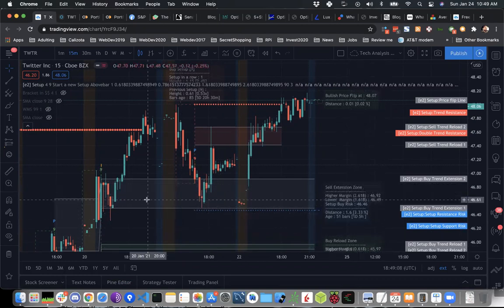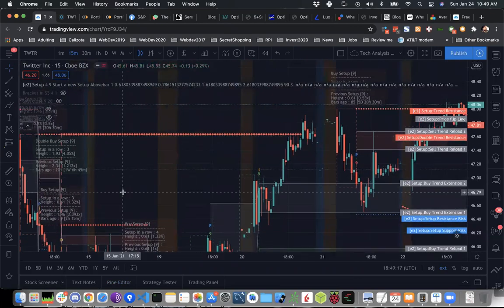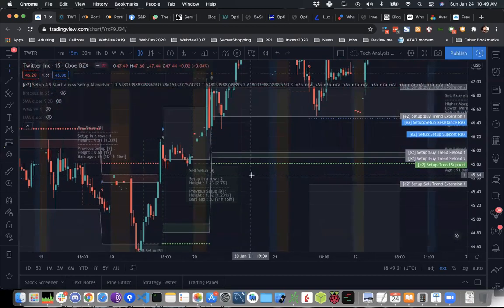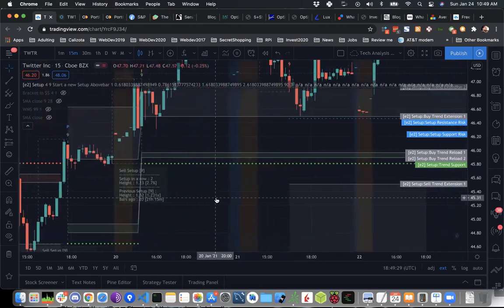And so if you were trying to do shorts, it's showing you the setups way back here for a sell setup, right? If you look closely, it's got these little rectangles around the area that it identifies.